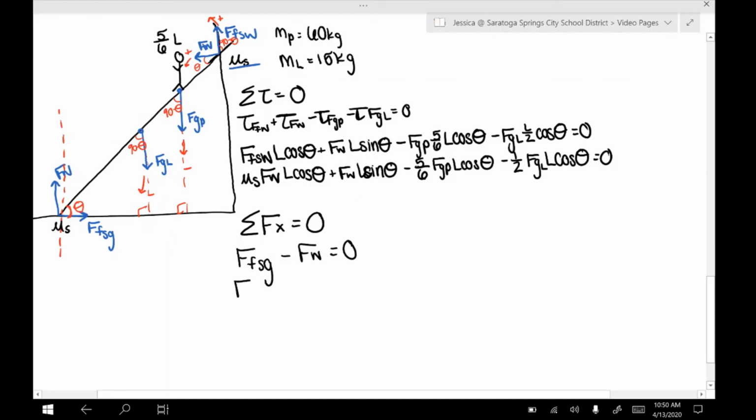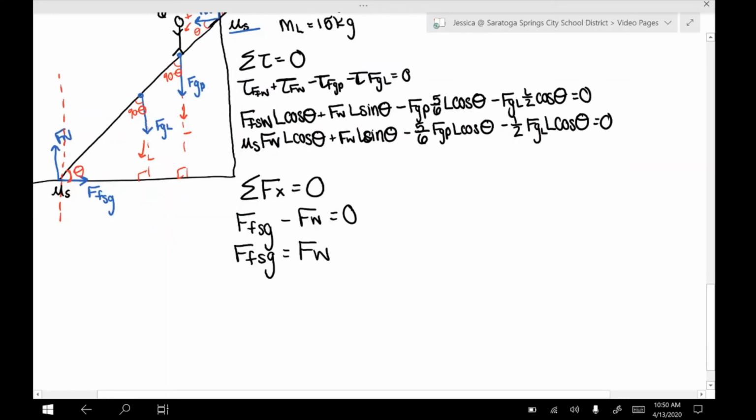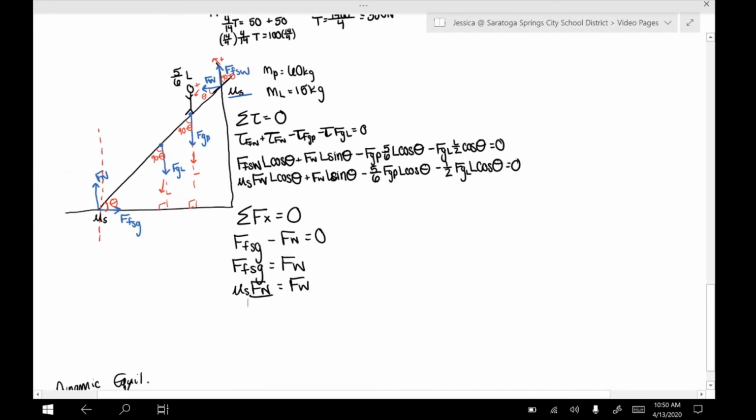Okay, so the force of friction from the ground is equal to the normal force from the wall. So this is mu s Fn is Fw, but here's the thing, I need Fn. So I need to look at a net force equation in the y direction.